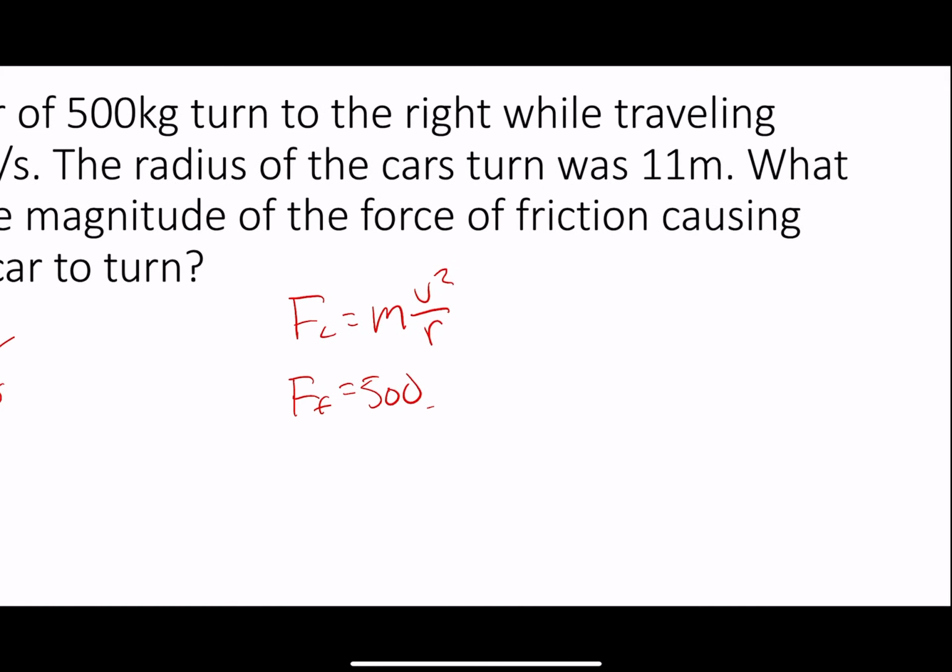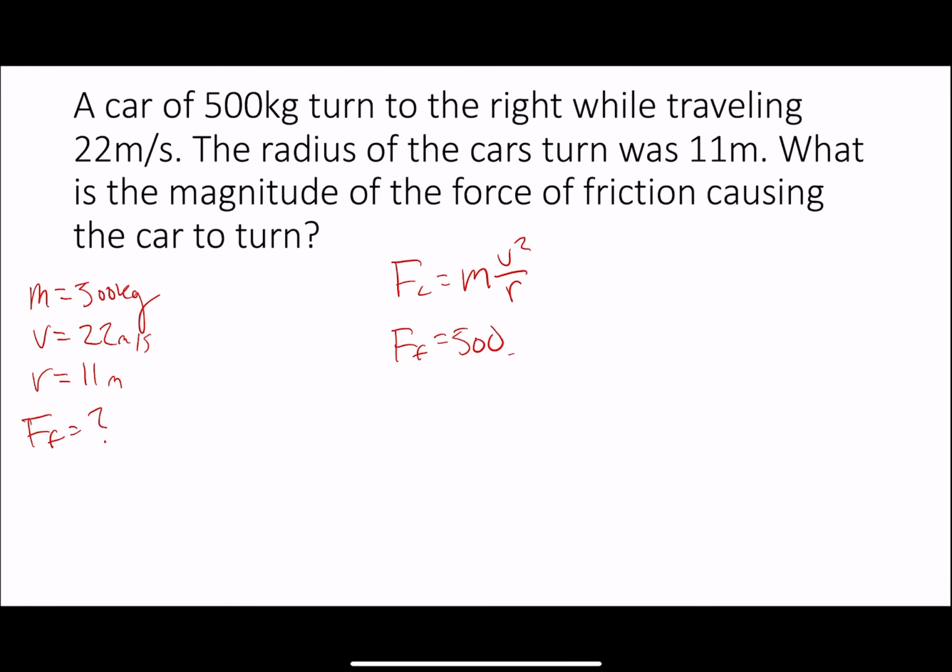And it's equal to 500 times 22 squared over 11. So I put in my calculator 22 squared divided by 11 times 500, equal to 22,000 newtons. That is our centripetal force.